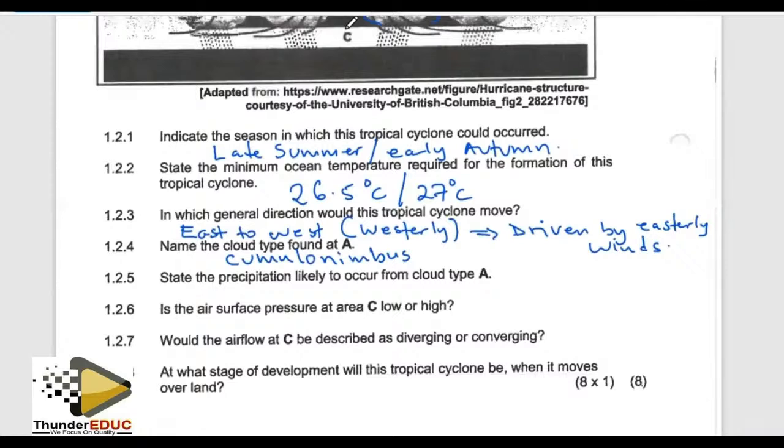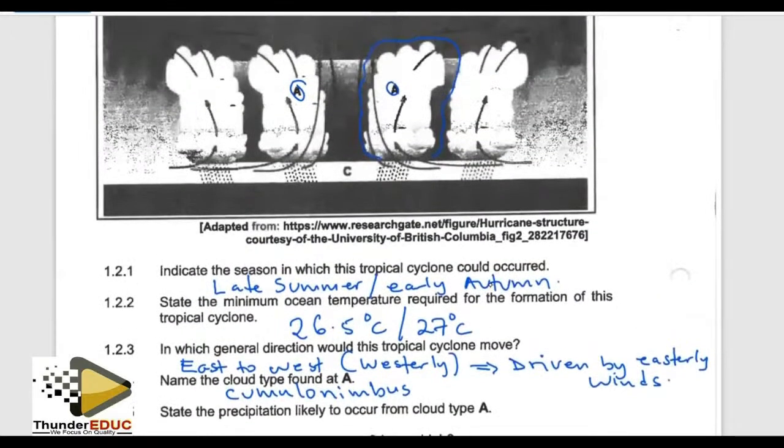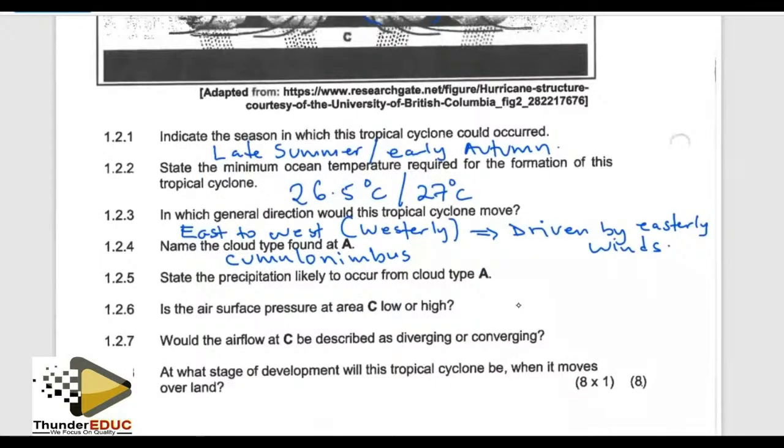Okay. Now, question 1.2.5 says, state the precipitation likely to occur from cloud type A. Now, we know that the cumulonimbus clouds are associated with heavy rainfalls. We could say torrential rainfalls, or thunderstorm showers.